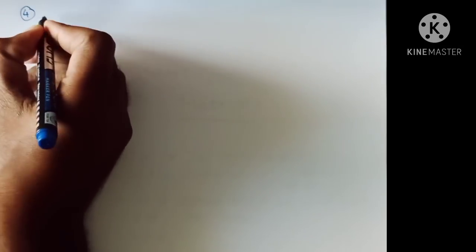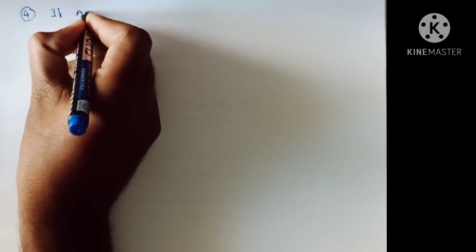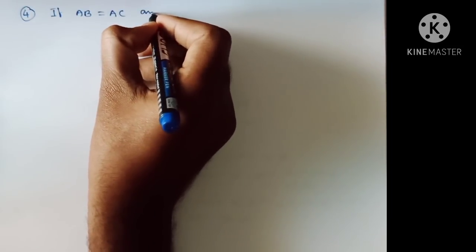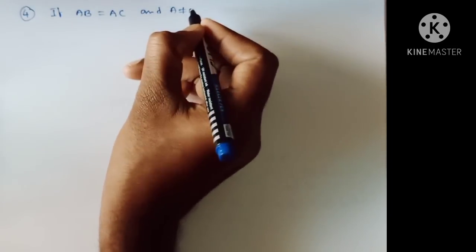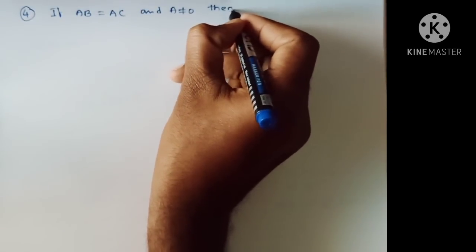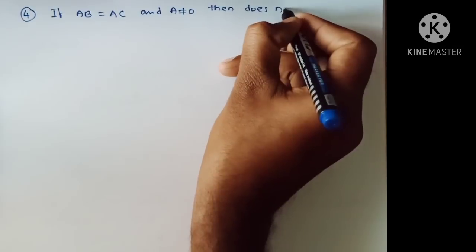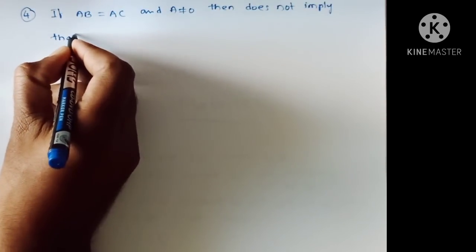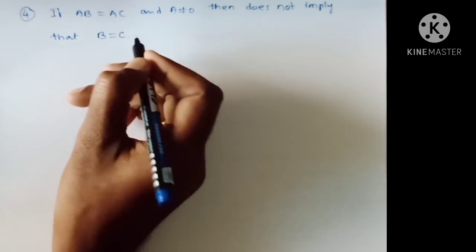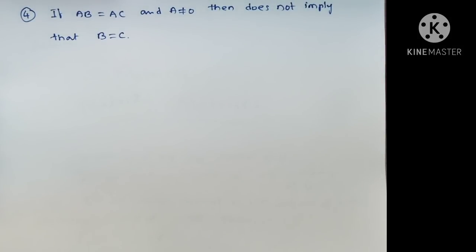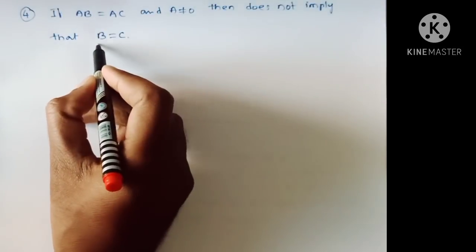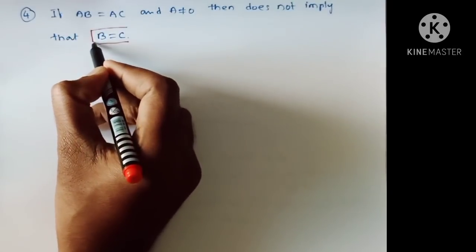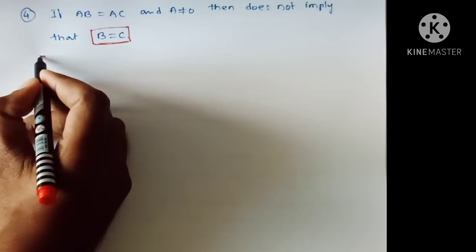Number 4: if AB is equal to AC and the matrix A is not equal to 0, then that does not imply that B is equal to C. If AB equals AC and A is a non-zero matrix, then that does not imply that B equals C. AB equal to AC అయినంత మాత్రాన B equal to C కానవసరం లేదు.